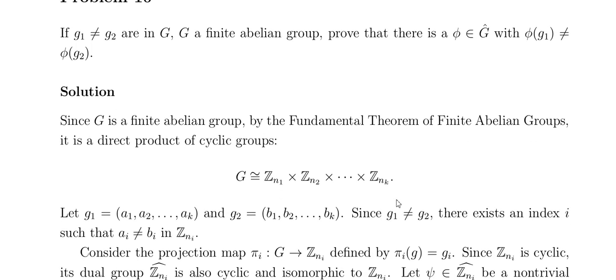If G is a finite abelian group and g1 is not equal to g2, then there is a function pi belonging to G cap with pi of g1 not equal to pi of g2.